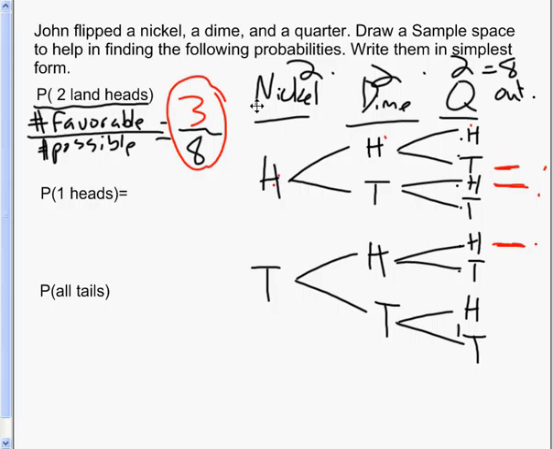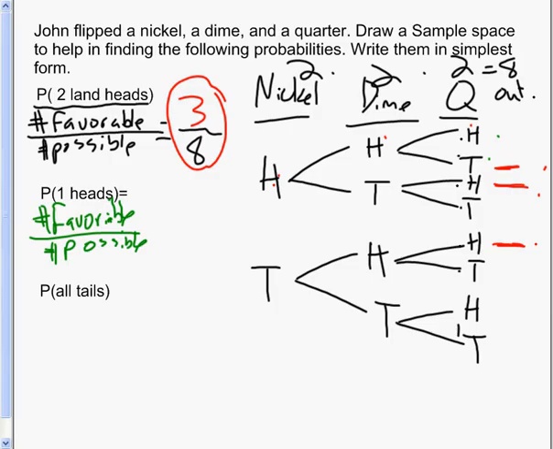Probability of getting 1 heads now, and I'm going to switch my color. Again, number favorable over number possible. So, the probability of getting 1 heads. If I rolled heads, then got 2 more heads, that wouldn't work. Heads, heads, heads, too many heads, and heads, heads, tails too, so it won't work for these 2.